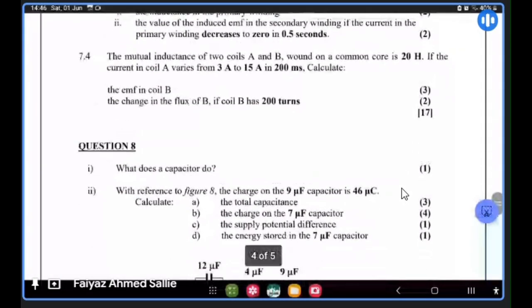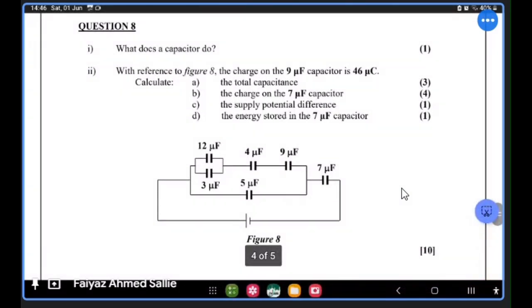Have you guys done capacitors? Students, have you done capacitors?